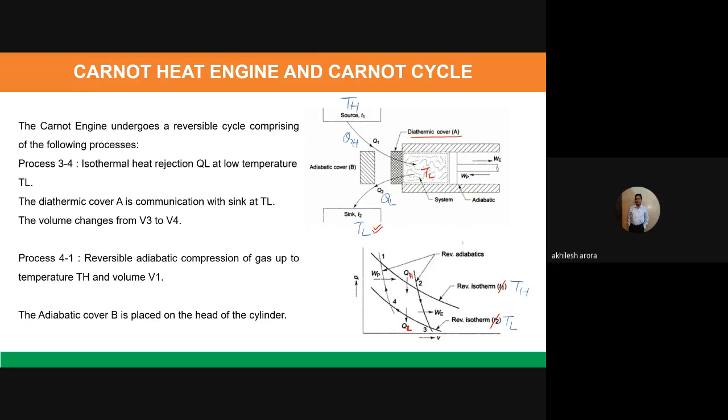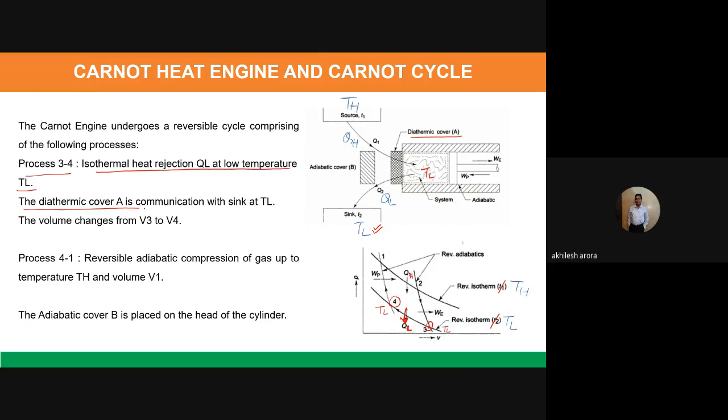And when the heat is transferred from the system to the surroundings, the volume will decrease from V3 to V4 at the constant temperature, and this constant temperature is TL. So here if this is temperature TL, then this temperature is also TL, and during the process 3 to 4, the whole temperature is TL, and during this process heat is going out from the gas. So process 3 to 4 is the isothermal heat rejection QL at low temperature TL.